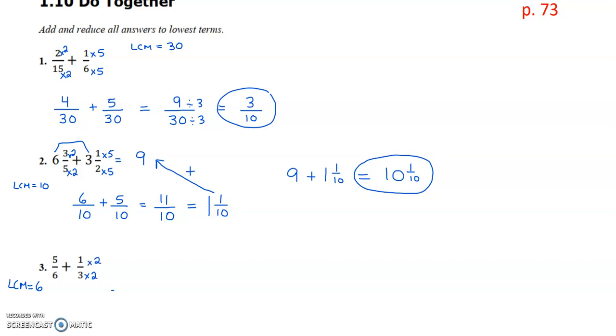So I'm going to rewrite below 5/6 plus 2/6 is equal to 7/6. Again, improper fraction, so I'm going to change to a mixed number. Divide up. 6 goes into 7 one time, with 1 left over out of 6. So my final answer there is 1 1/6.